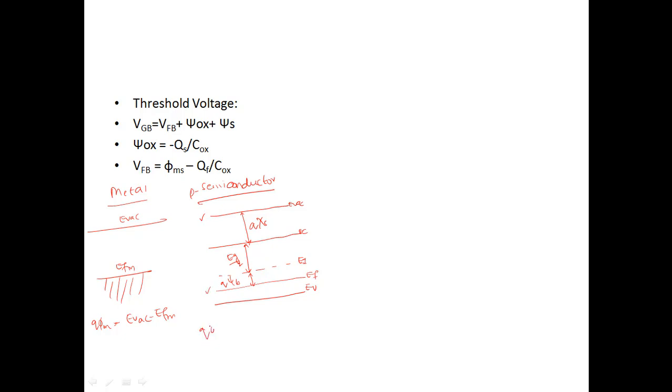So that would give q times phi S is q times chi plus Eg by 2 plus q times psi B for a p-type semiconductor.